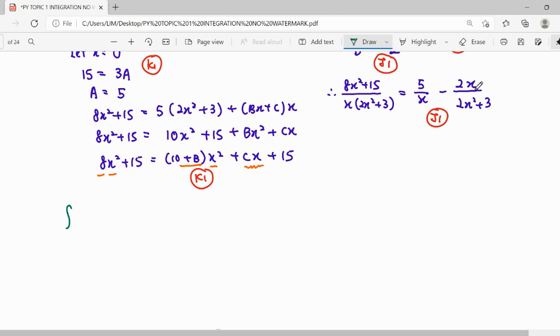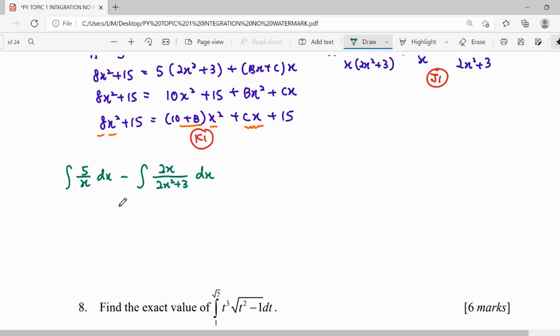I will integrate it one by one: integrate 5 over x dx, minus integrate 2x over 2x squared plus 3 dx. So this is our integration problem.